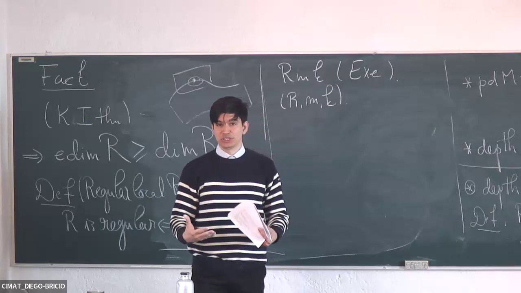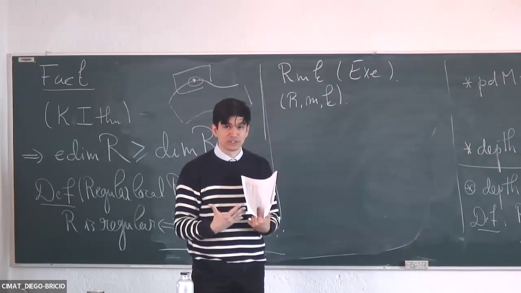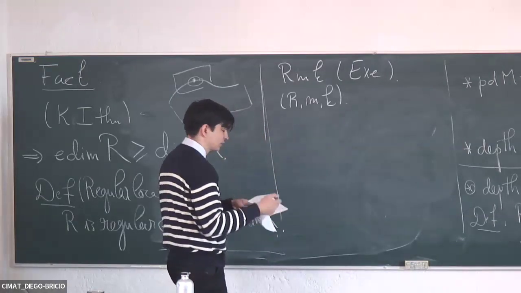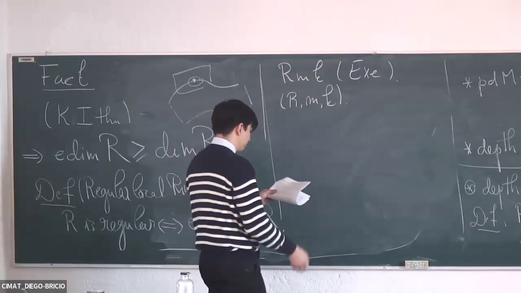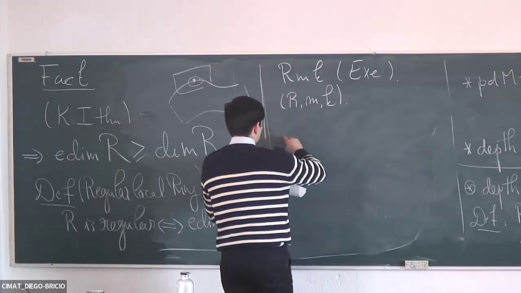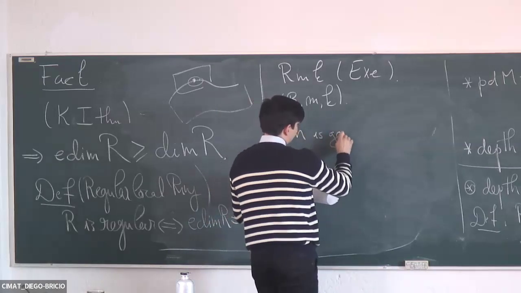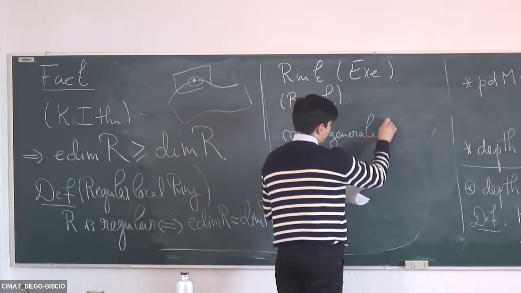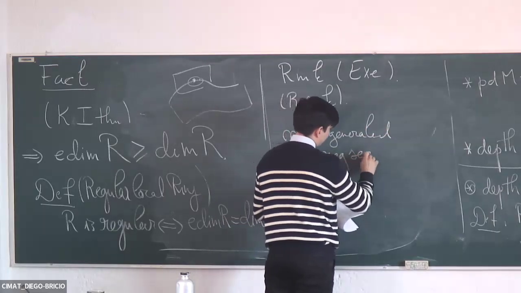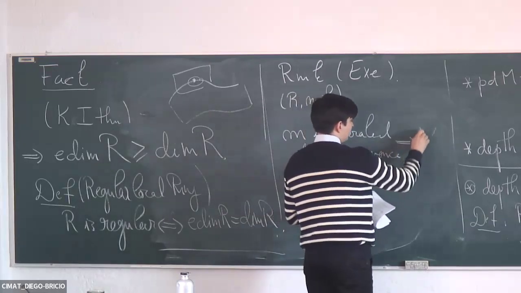And now what we're going to see is that if the maximal ideal is generated by a regular sequence, then it is regular. That's the difference between regular and Cohen-Macaulay. So this one is the exercise: if m is generated by a regular sequence, then R is regular.